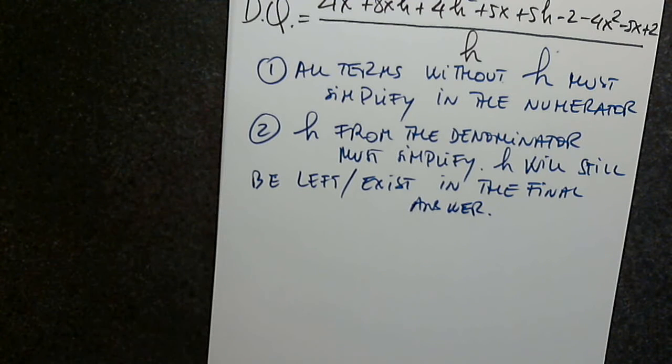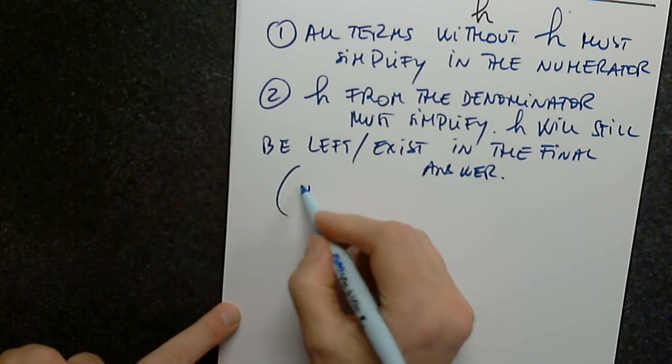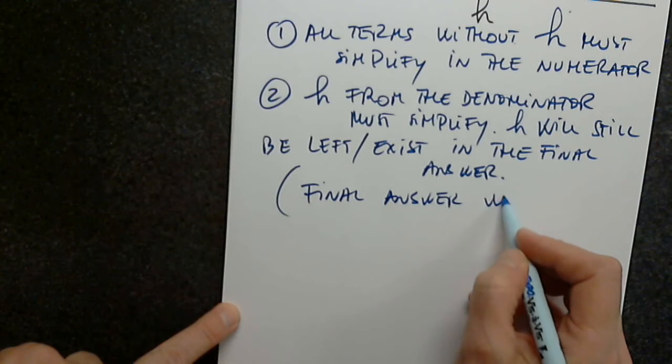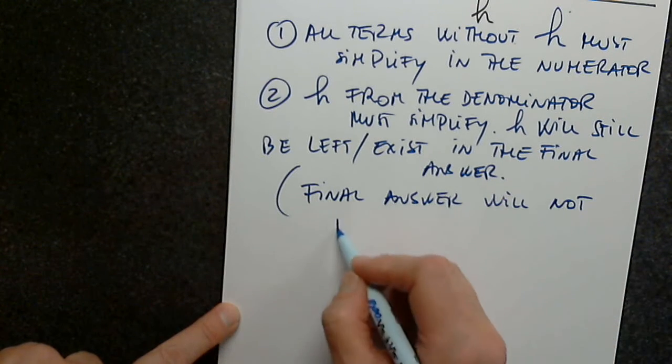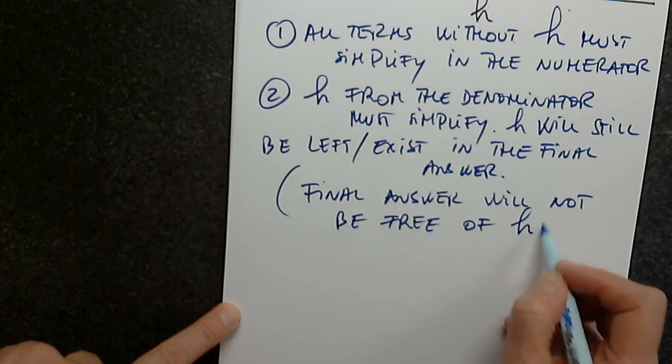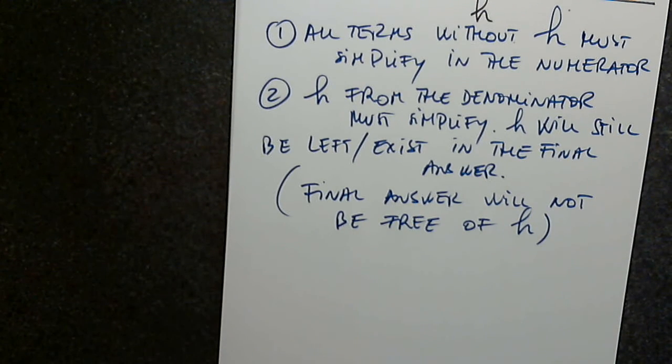So better, maybe I should have said, the final answer will not be free of h. So that's better. So whichever you want. Final answer will not be free of little h. That's more concise.